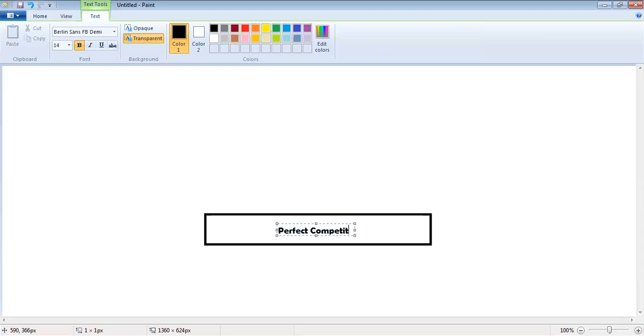So in perfect competition, you have lots of suppliers with almost similar products. So this is a competition where you have lots of suppliers with almost similar products.